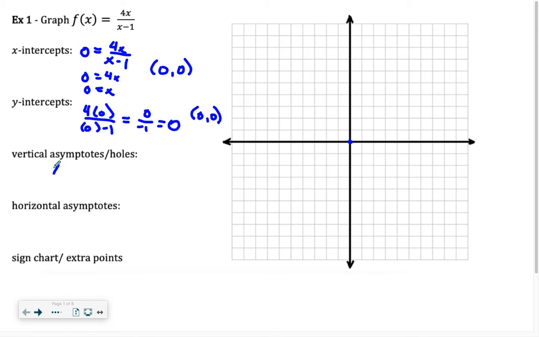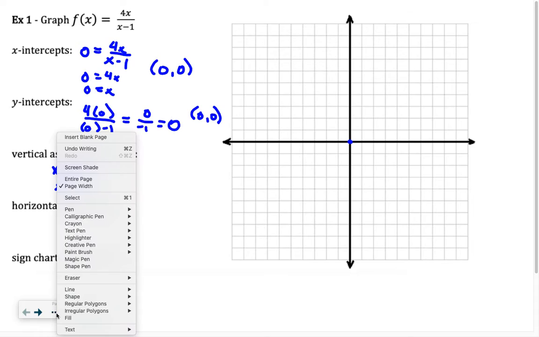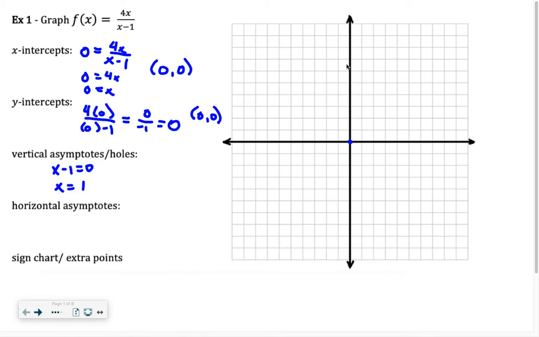So if I set x minus 1 equal to 0 and add the 1 over, I will get x equals 1. So that means I have a vertical asymptote at 1. So let's sketch in a dotted line at x equals 1. All right? Generally, we use dotted lines for our asymptotes.